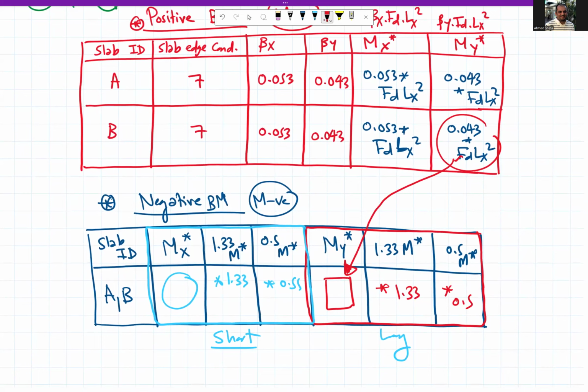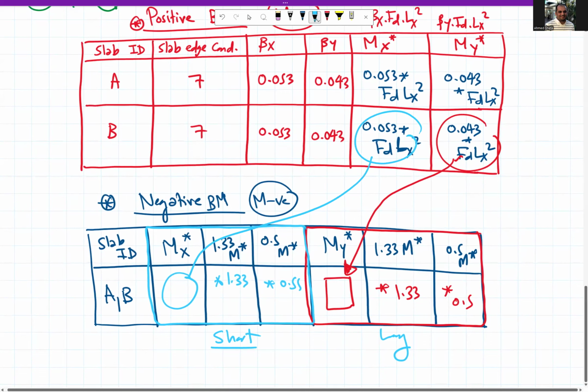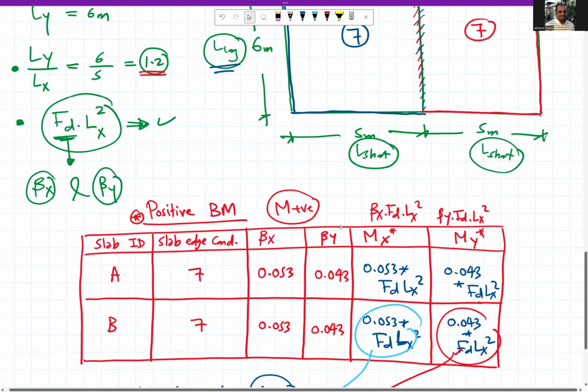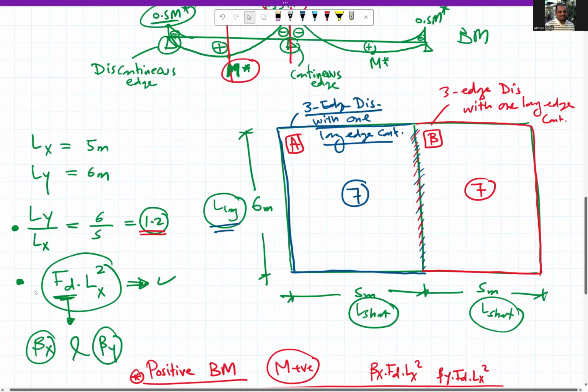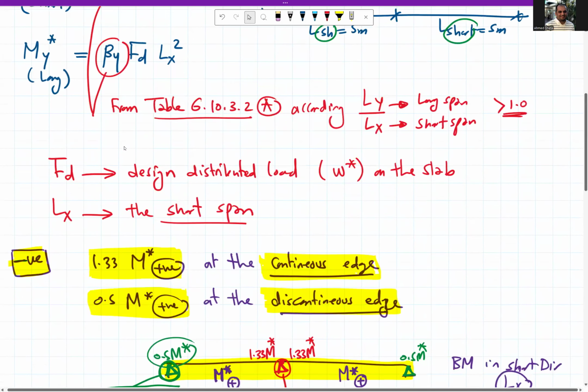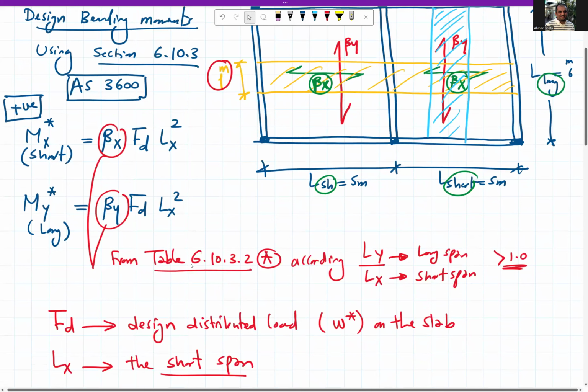Okay, and here is this value. So these are the design bending moments for the slab, positive and negative, using the edge conditions, Ly over Lx, and the factors beta x and beta y from table 6.10.3.2a. This is generally how to use the table to find the bending moment.